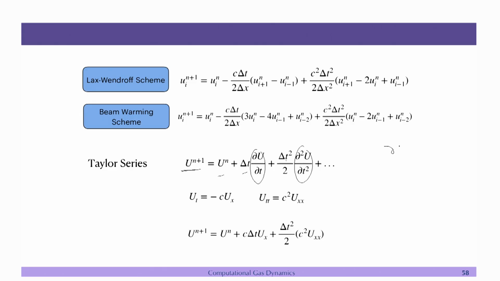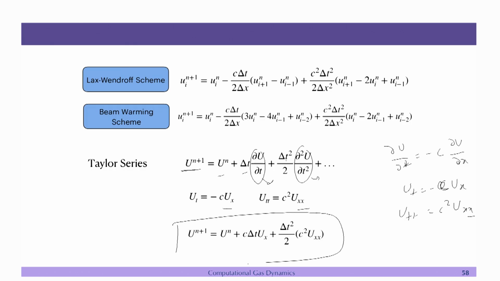And if you use the conservation equation, du by dt equal to minus c du by dx, so u_t equal to minus c u_x, and if you take the second derivative, we have discussed this earlier, this will become c square u_xx. So, replace these by the corresponding first and second derivatives in x, and you will have these expressions. Now, this is what you have in both these forms. Okay. So, this is n plus 1, and these are all at n.